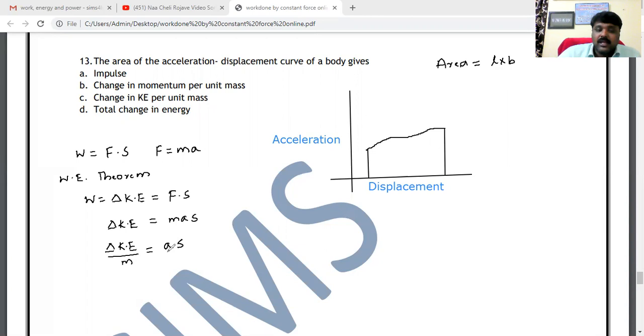That means the area under the acceleration displacement curve gives us the change in kinetic energy per unit mass. And here is the option.